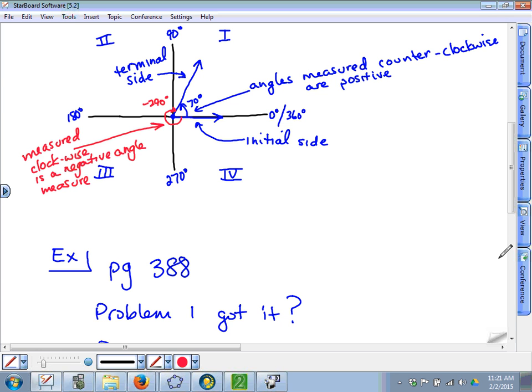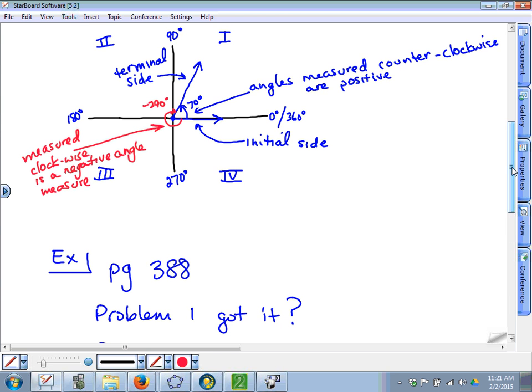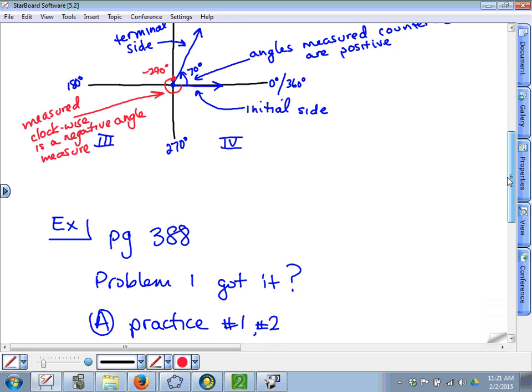Copy the picture of the angle down as well and give your best shot. While you're at it, because this is kind of simple, do the A practice problem 1 and 2 just underneath it.